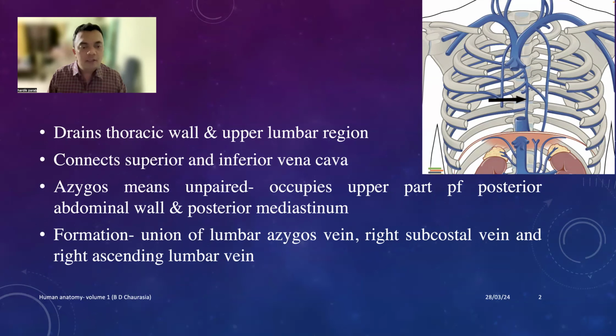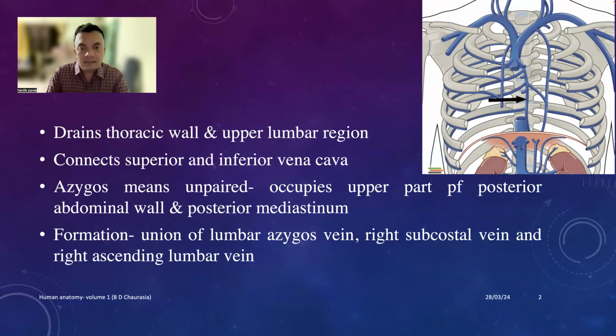It is formed by the union of the lumbar azygos vein, right subcostal vein, and right ascending lumbar vein. The lumbar azygos vein is also known as the abdominal part of the azygos vein. The portion of the azygos vein which is in the abdominal cavity is called the lumbar azygos vein, and it lies right to the lumbar vertebra.